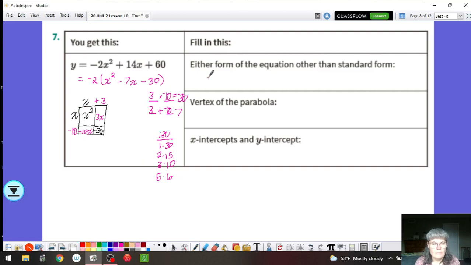So my factored form is y equals, we still have the -2, times x minus 10 times x plus 3. And because it's factored form, I can identify my x-intercepts first. They are (10, 0) and (-3, 0).